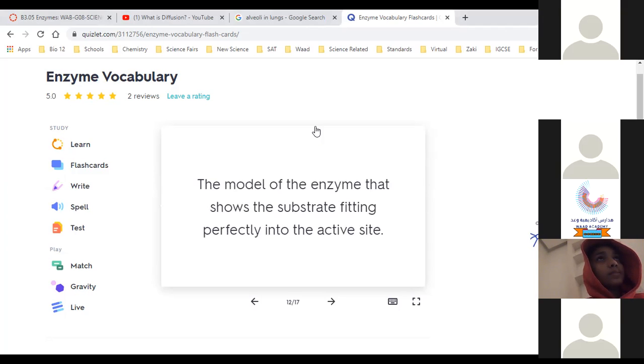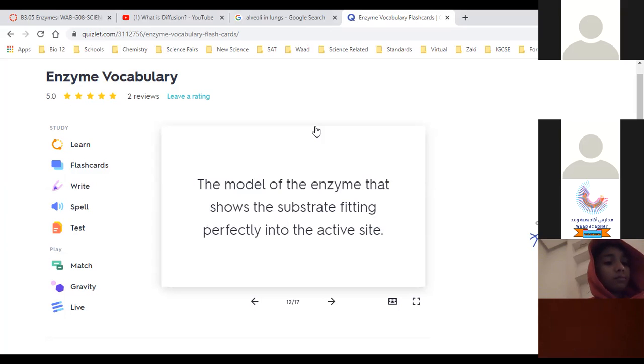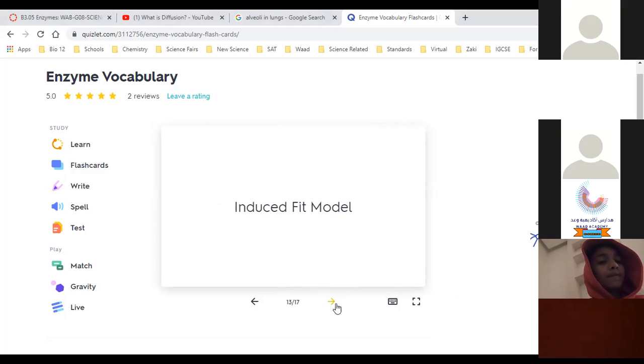If you remember, we saw in the presentations and videos that the active site has a shape. If the substrate comes with the exact shape, just like a jigsaw puzzle, and they fit together, then they will work. Otherwise, they will not. Induced fit model, we did this, but I'll skip it for the moment.